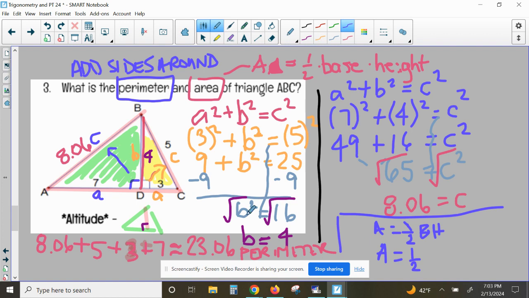My base is the bottom of my triangle, so all the way across, because I want to do my whole big triangle. That's a 10. And my height, I just found it. That is a 4. So 1/2 times 10 times 4, and that gives me 20. And we don't have the unit of measure on here, so this would be 20 units squared. That is number 3.